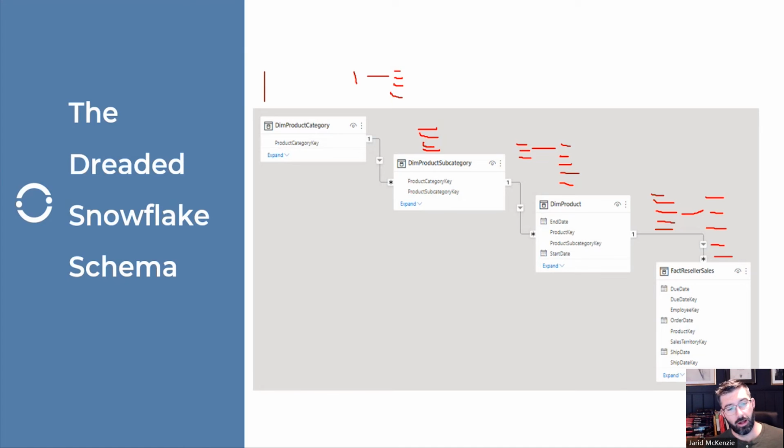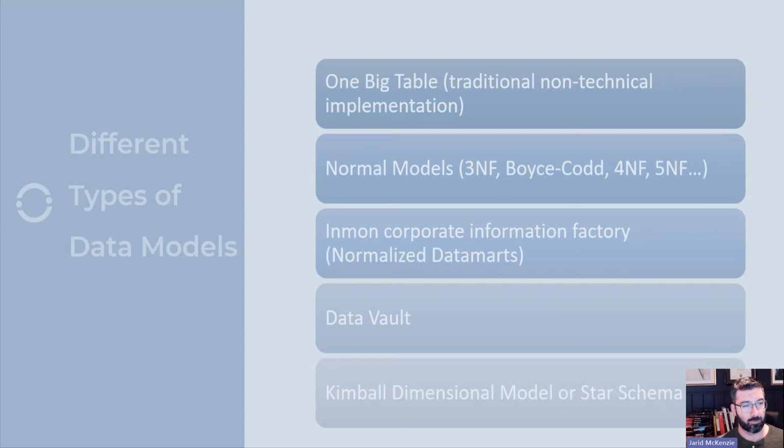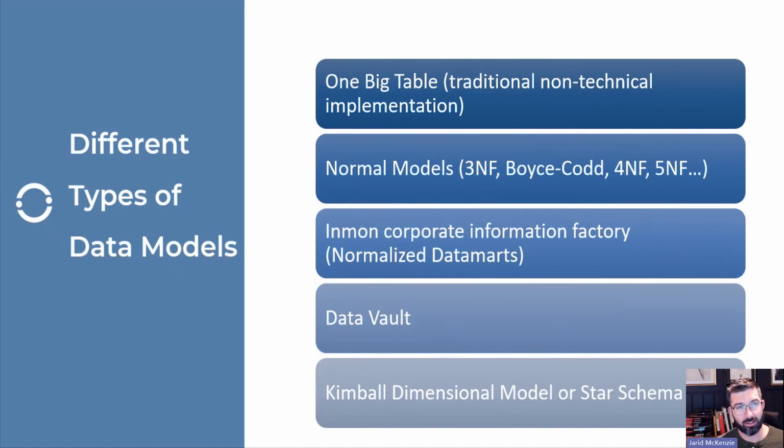All right. Just a couple of things about data architecture. There are so many different types of data models out there that are very, very useful for the specific purposes that they have. The first one is going to be one big table.